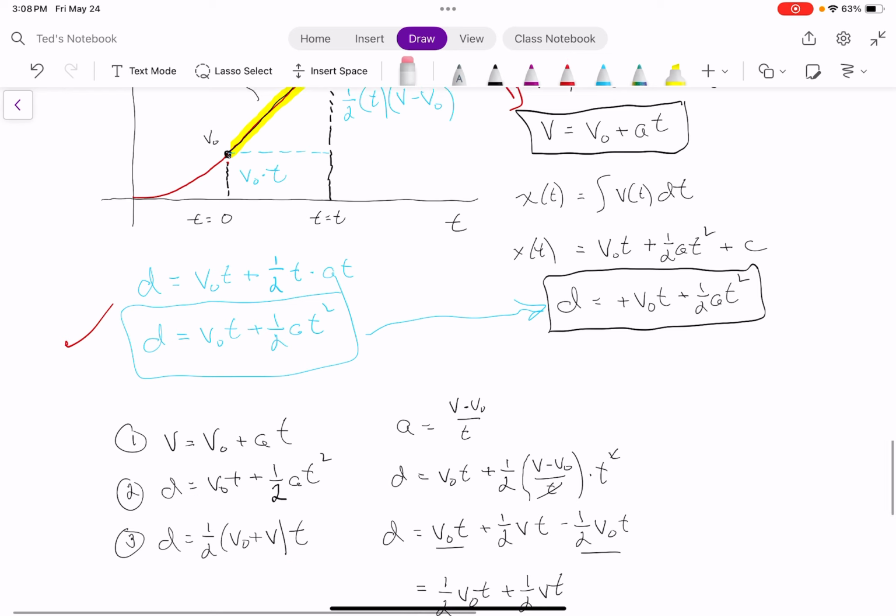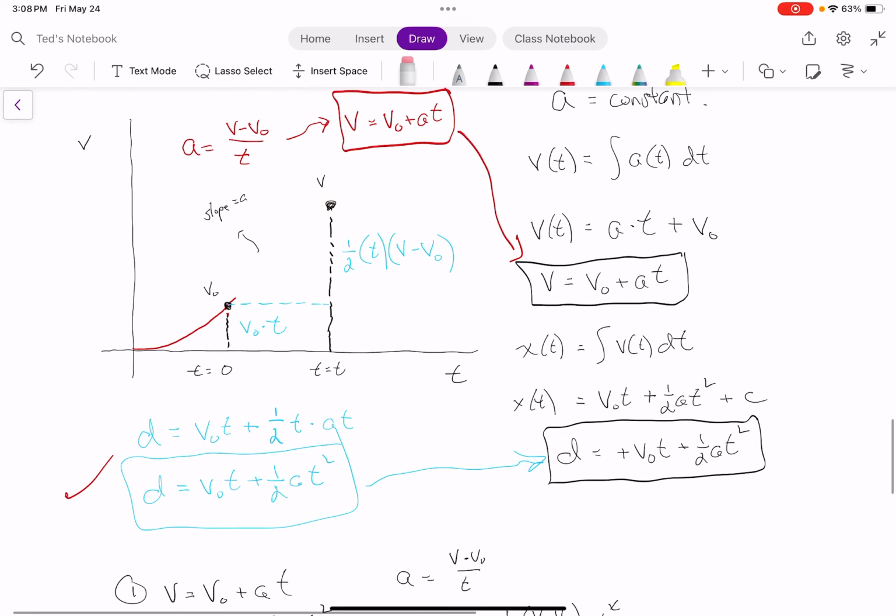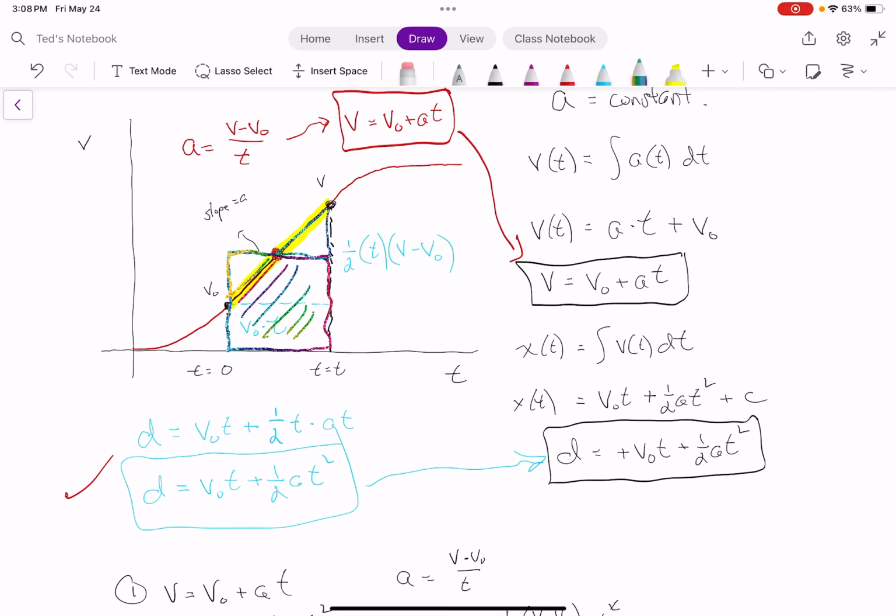So let's see what that looks like here. If I take halfway between the starting velocity and the finishing velocity, and I make a rectangle, this little triangle here fits exactly with that little triangle there, so the area of this rectangle is the same as the area under the curve.